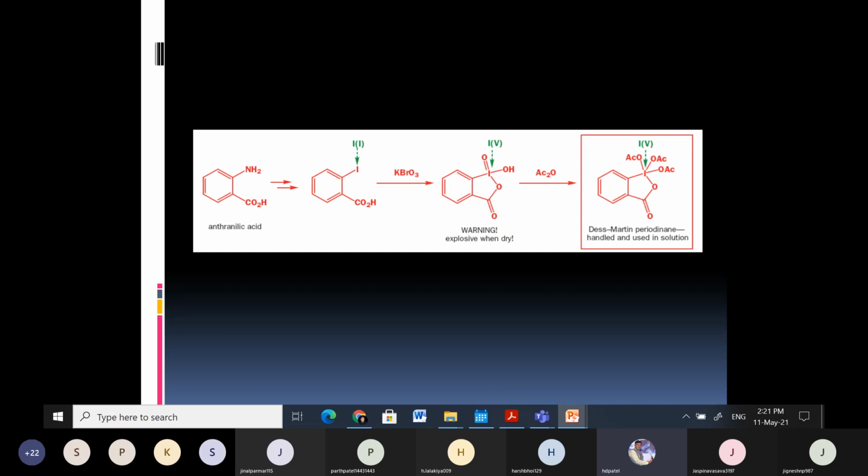If shocks are there, meaning vibration or shaking, then what happens? Intermolecular reaction will take place, and due to the friction of molecules, heat will generate and it may explode. So we have to take these precautions whenever we are using this compound, DMP. Otherwise, DMP is a good and well-known oxidizing agent for industrial manufacturing.